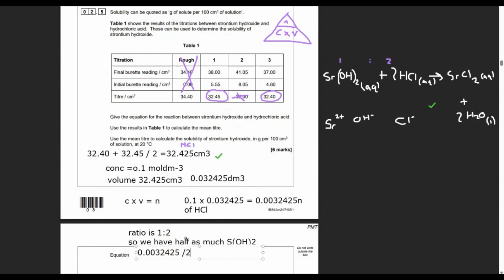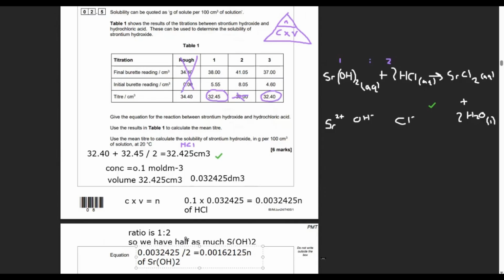And that is going to get me 0.00162125, and that is moles of strontium hydroxide. Right, we've now worked out the moles.